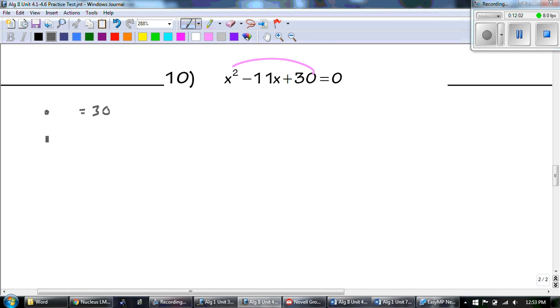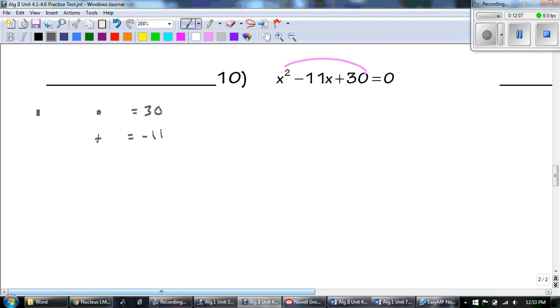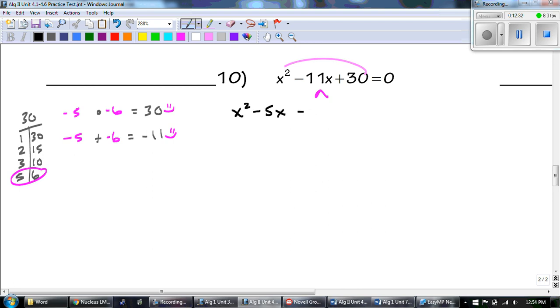Numbers that multiply to get to 30 and add to get to negative 11. Does anything work? Well, for 30, we got 1 and 30, 2 and 15, 3 and 10, 5 and 6. Yeah. Negative 5 and negative 6 work here. So I need to split the middle term to get x squared minus 5x minus 6x plus 30.